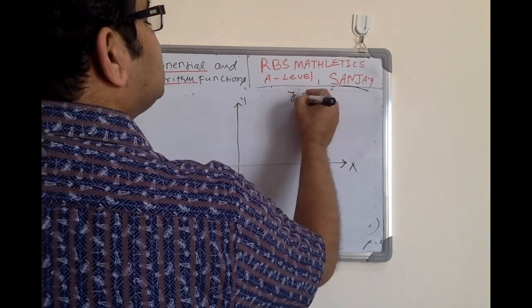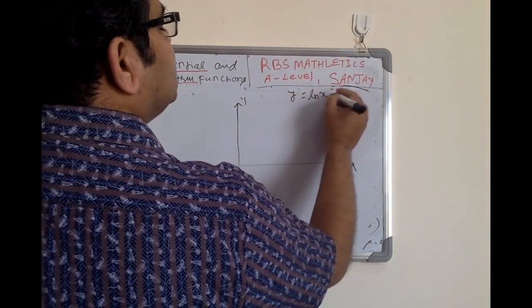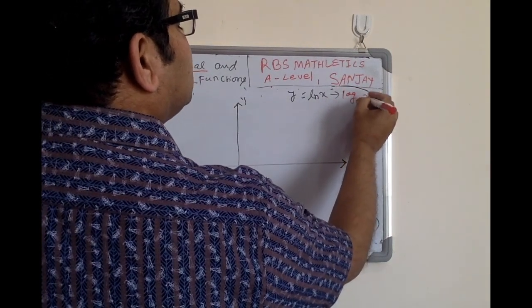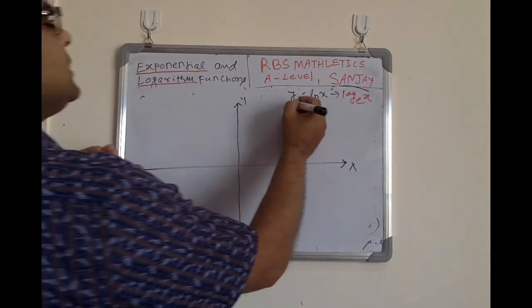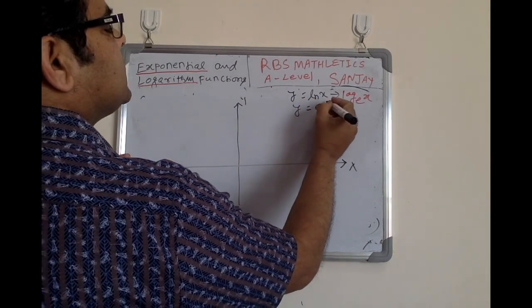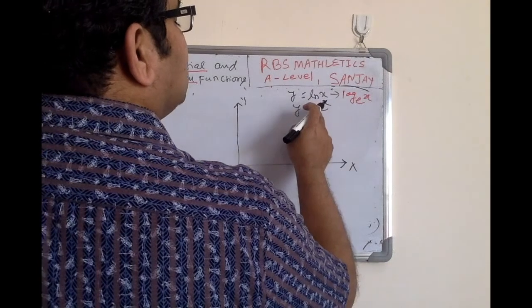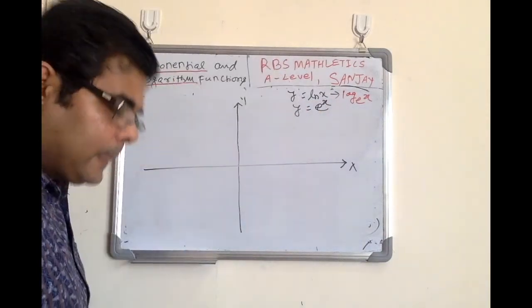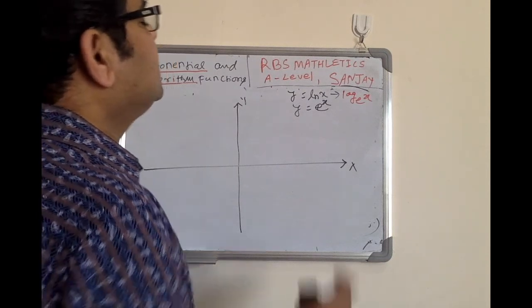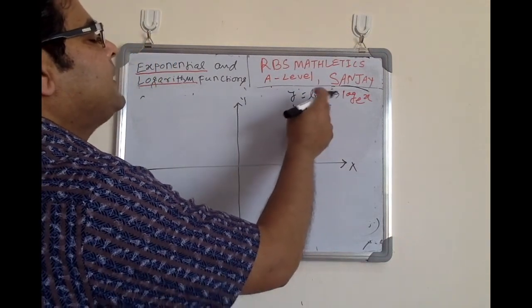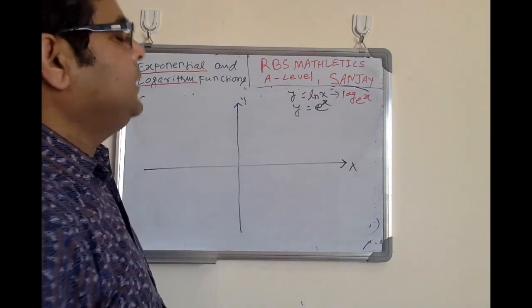One function is ln x, that is in fact log base e of x, and your other function is y equals e^x, and the e^x icon you can find in your calculator, where you can press shift and then the ln function, then you will have the facility to calculate the value of e^x.